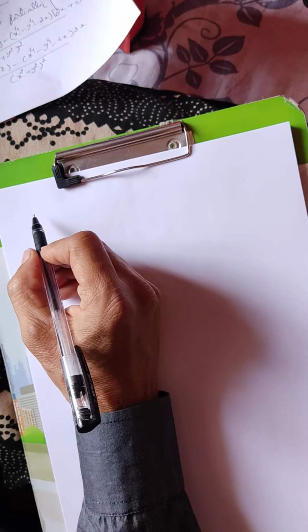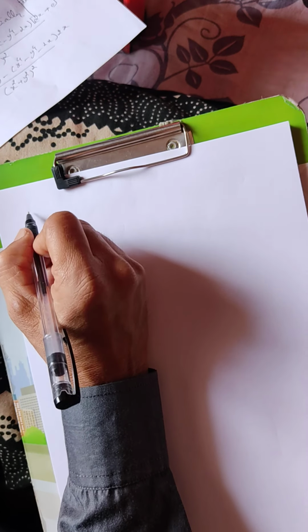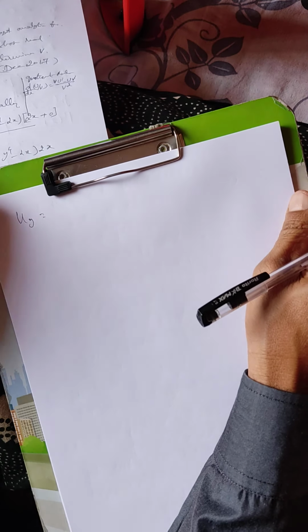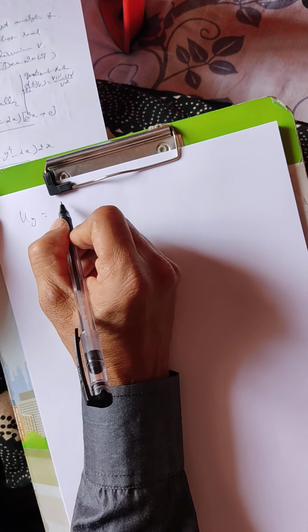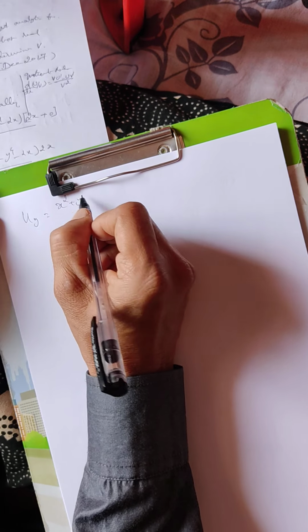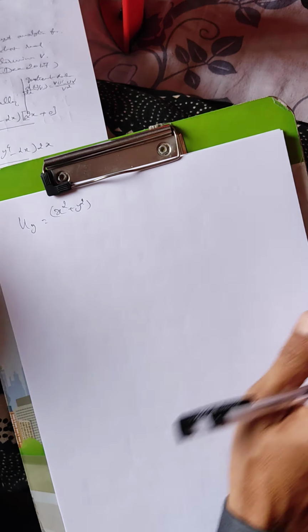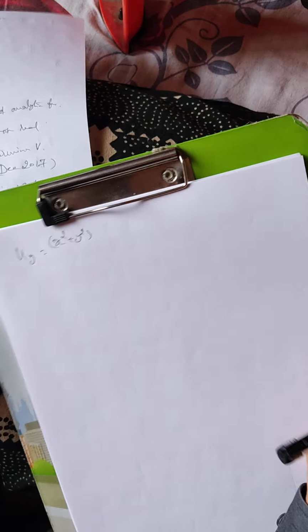Similarly, we find uy. Uy, that is a partial derivative of u with respect to y. Again, by applying quotient rule, we get x square plus y square, first denominator, into derivative of the numerator with respect to y.